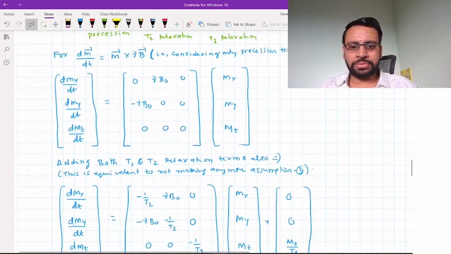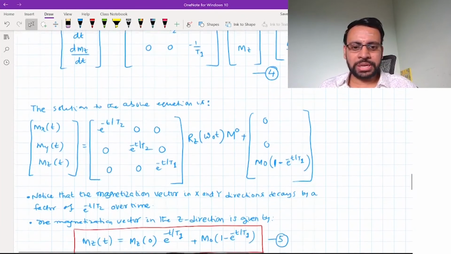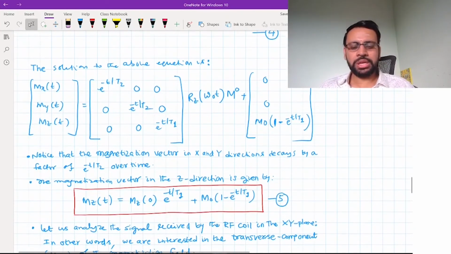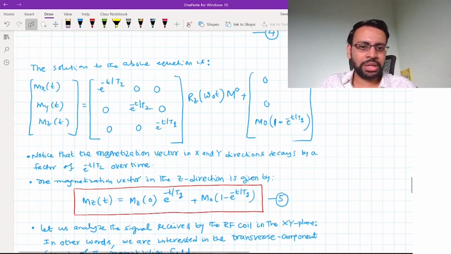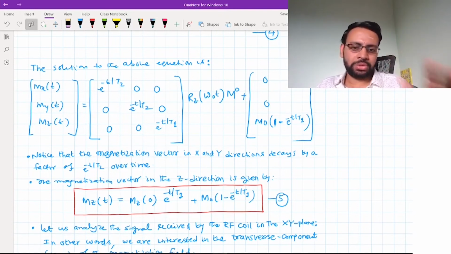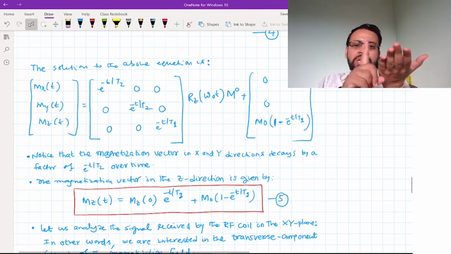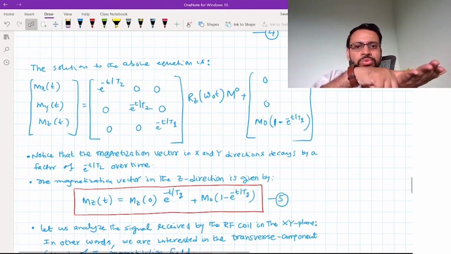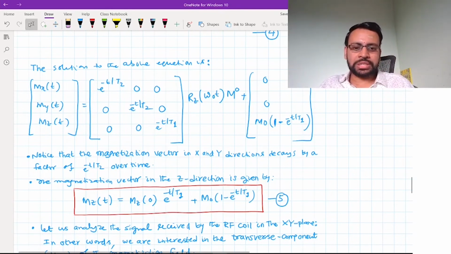So this mz of 0 is getting multiplied with e power minus t by T1. This is anyway rotation around the z axis, so it's not going to modify the z value, so nothing to worry about that. And then plus M naught into e power minus t by T1. Notice here, for the time being, consider the case where your mz of 0 is 0, where it is just tipped to the xy plane. So this is the expression that we have written here.